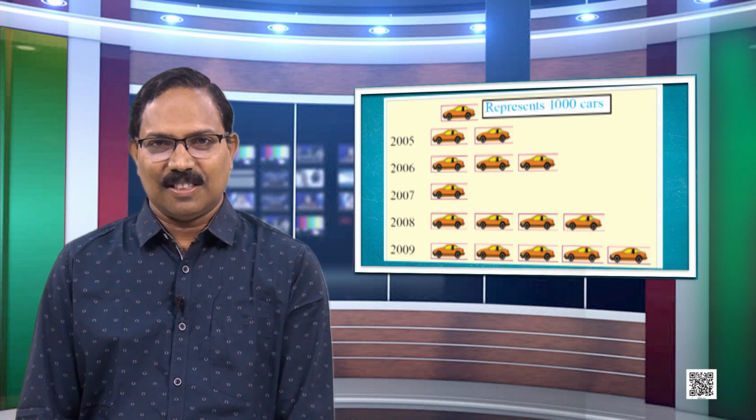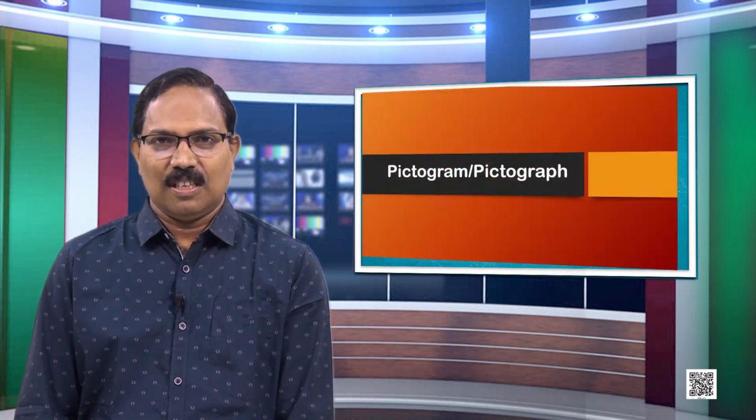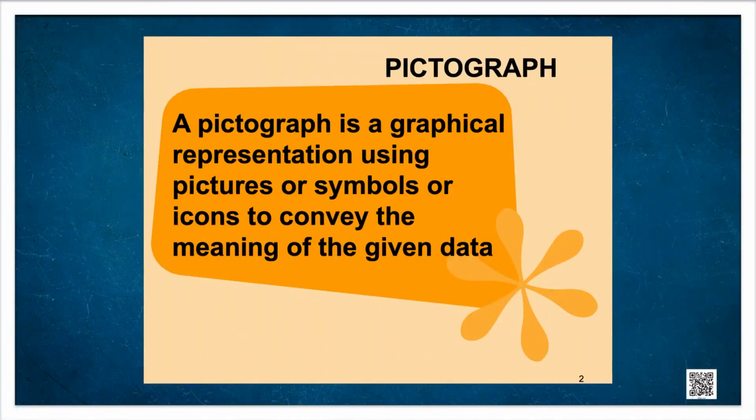What type of graph is this? Yes, you are right. It is a pictogram. A pictograph is a graphical representation using pictures or symbols or icons to convey the meaning of the given data.